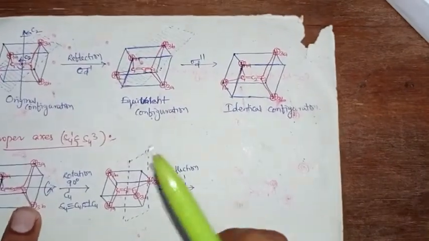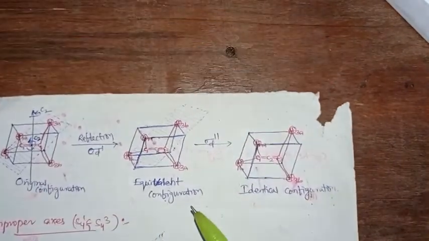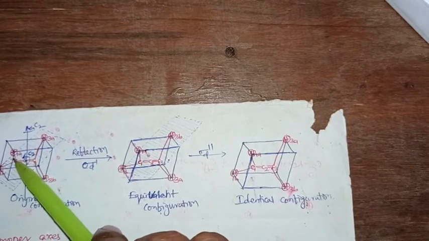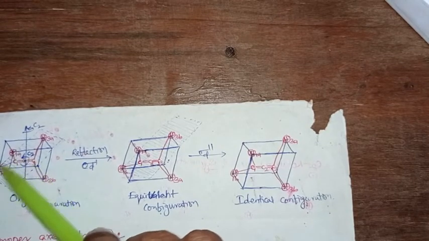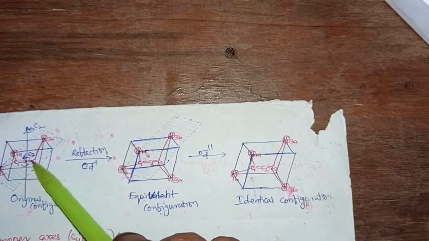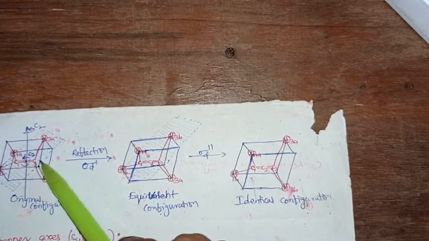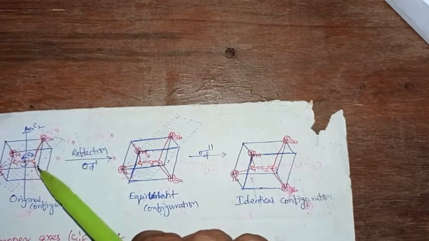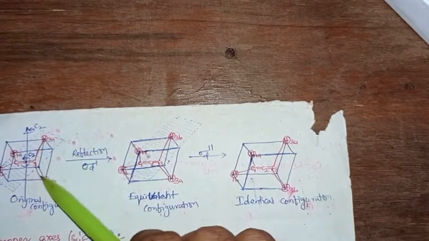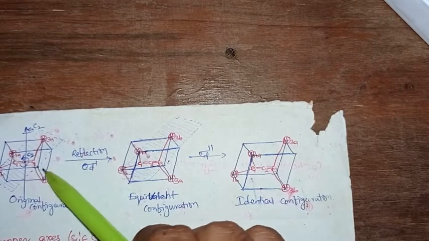So it can be drawn like this, where now we are passing a plane through the H1 hydrogens, H1A and H1B, and it passes through all the carbons, and it will be in between the H3 hydrogens, H3A and H3B.